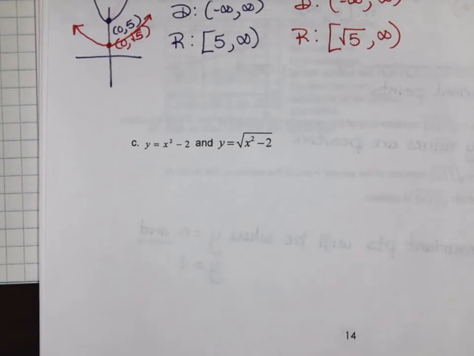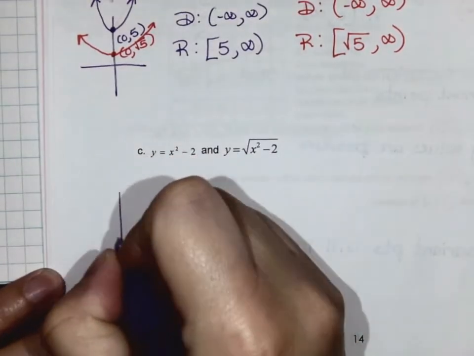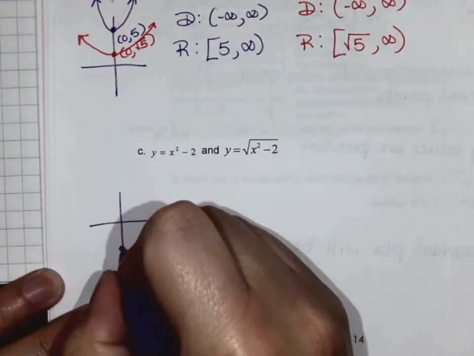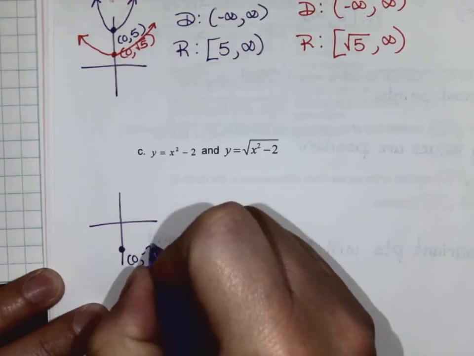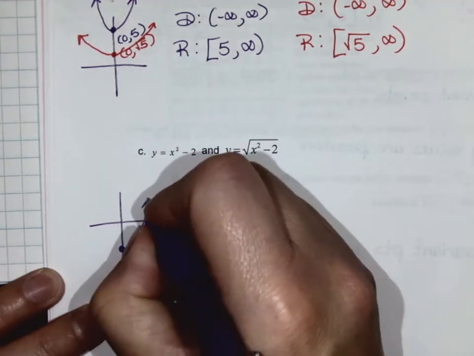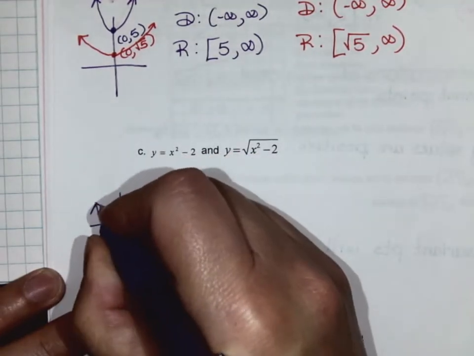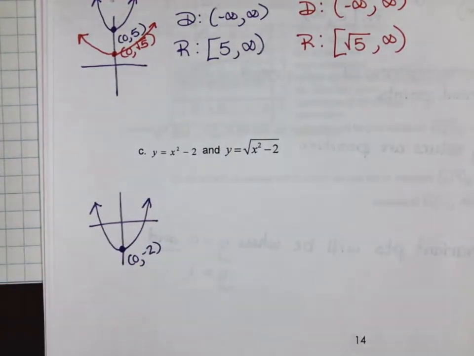All right. Where's my vertex? 0 and negative 2. Oh dear. What does this mean? X-intercepts. So let's take the time right now and find the x-intercepts.